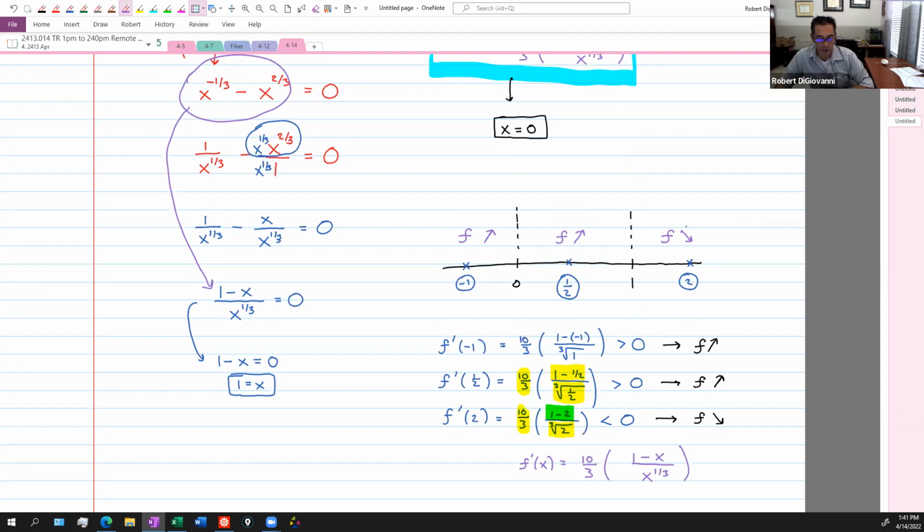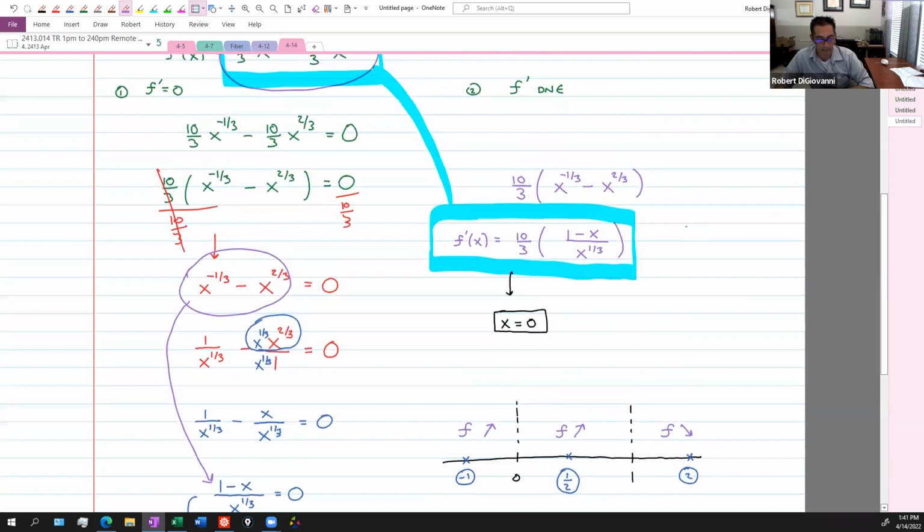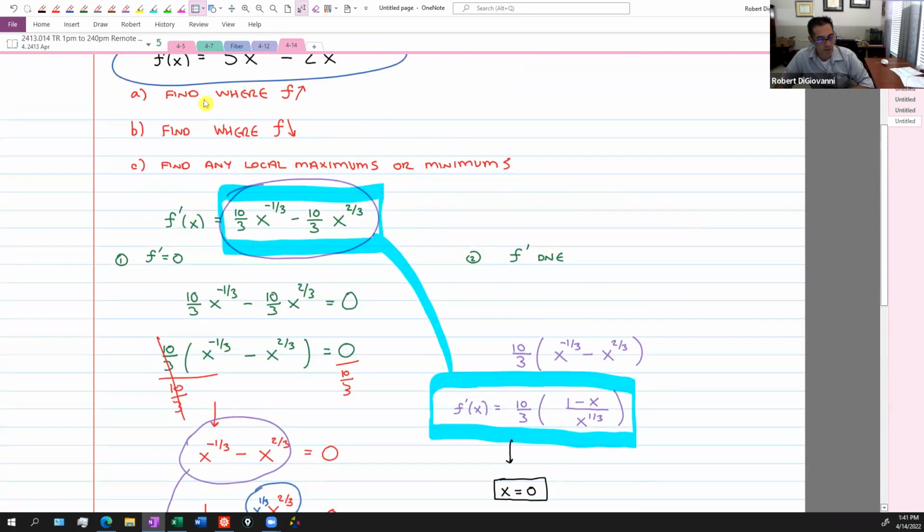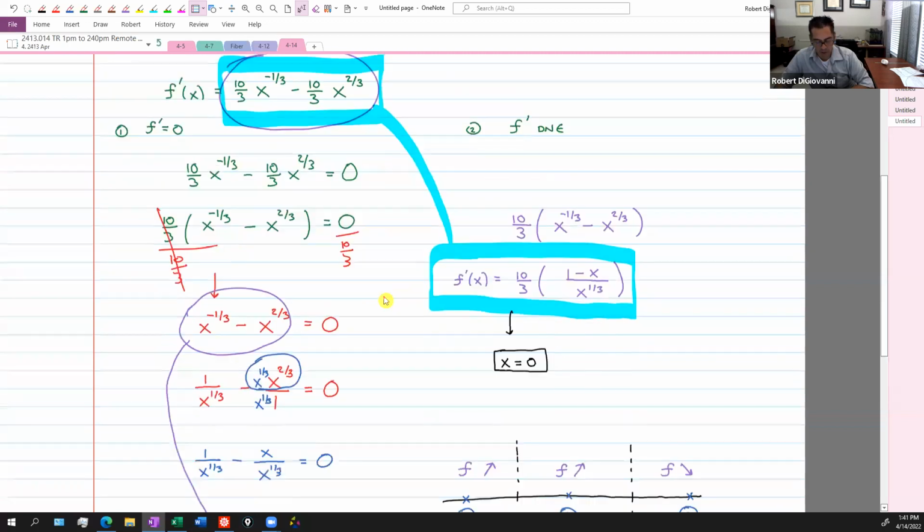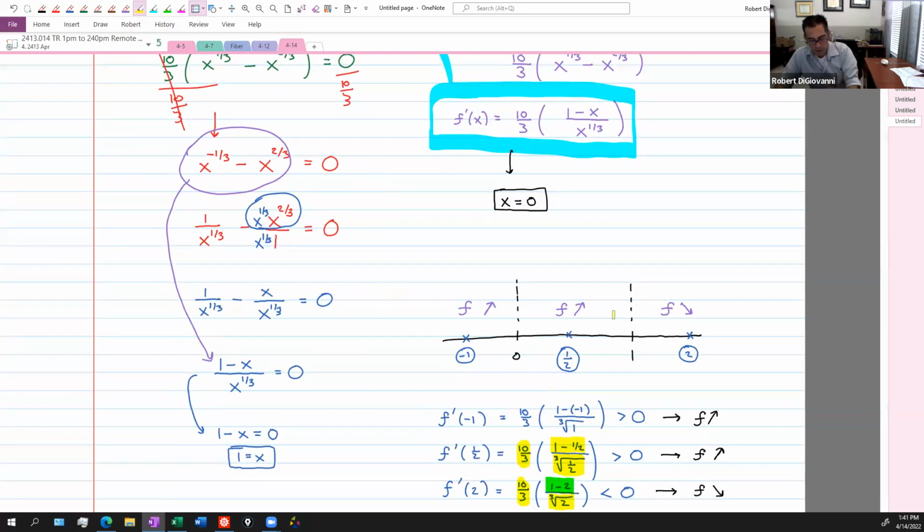Let's answer the questions. First question, where's the function going up? Well, everywhere to the left of 1, right? It's always going up to the left of 1. I mean, to the left of zero, it's going up, to the right of zero, it's going up.